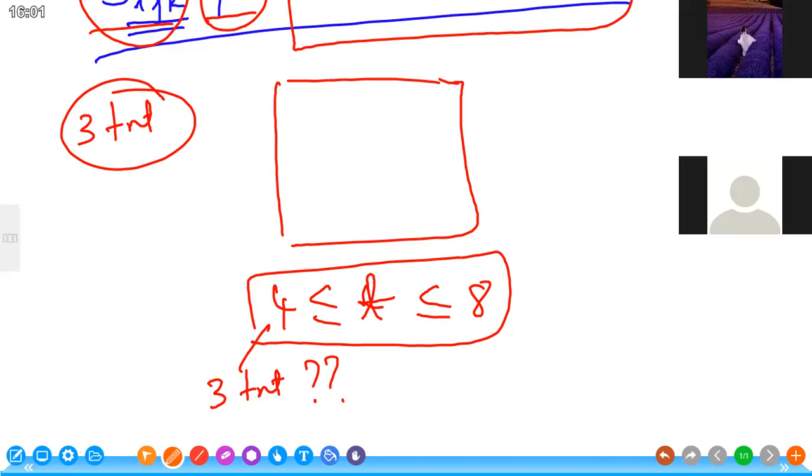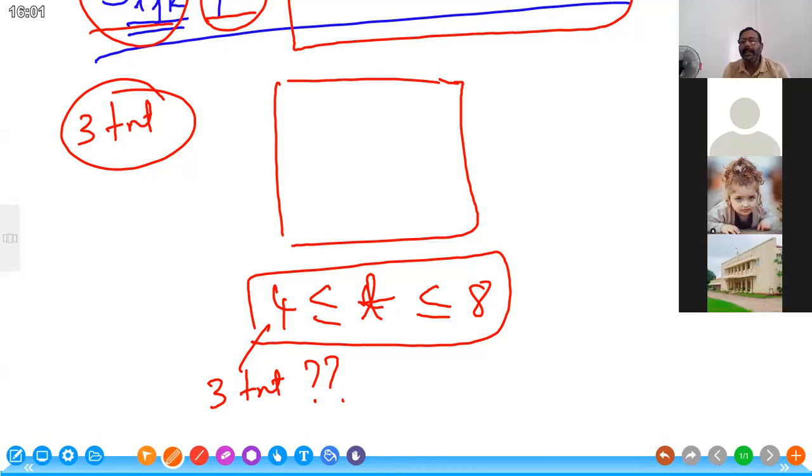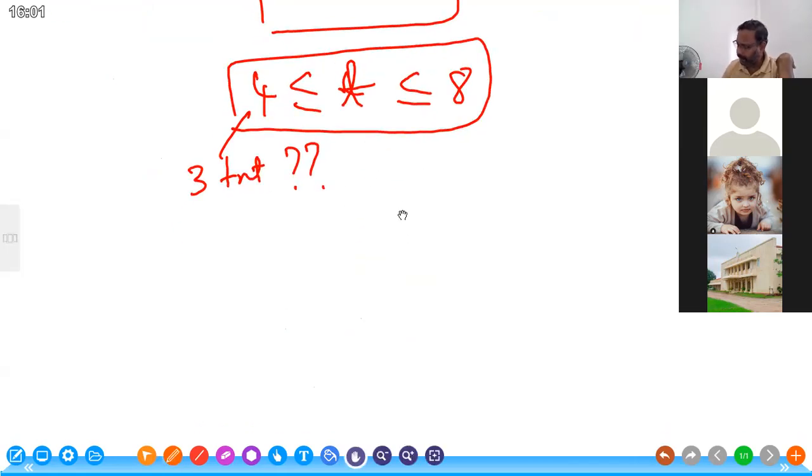Yeah, error is reduced. Yeah, you are partially correct. Error is reduced, correct? Is the error is reduced or?